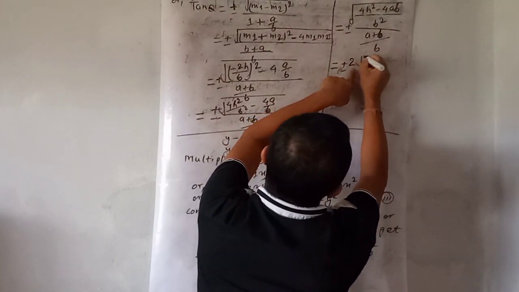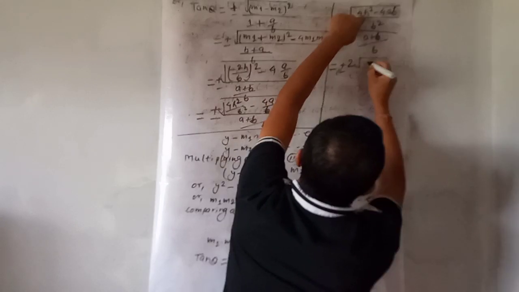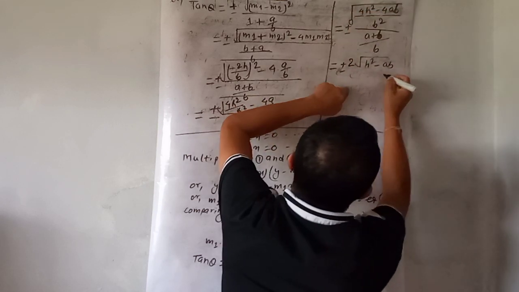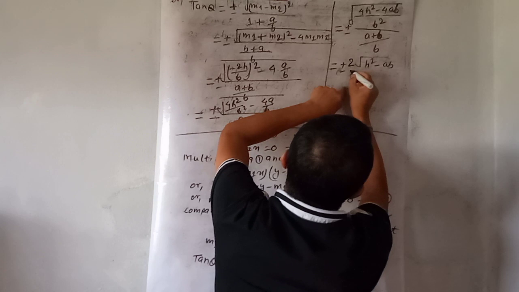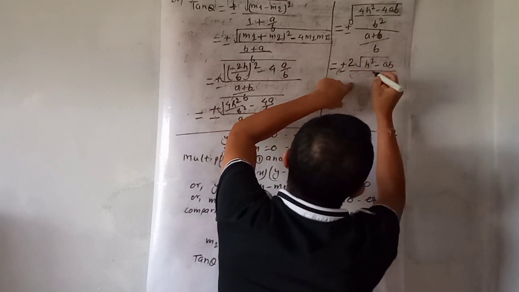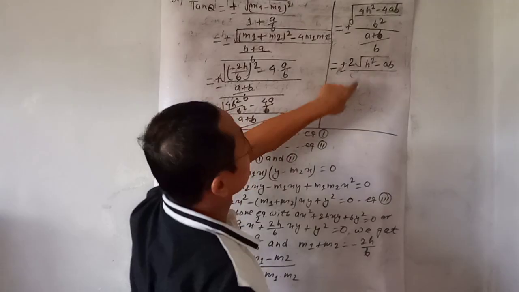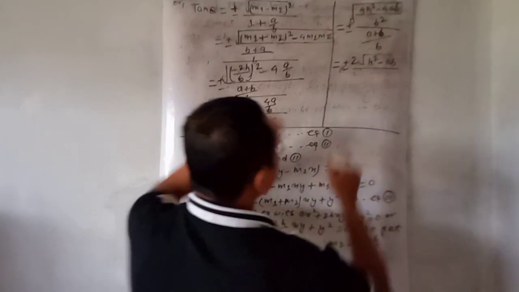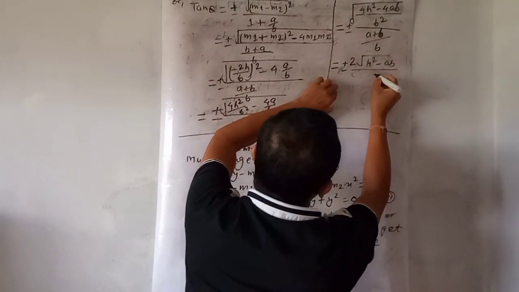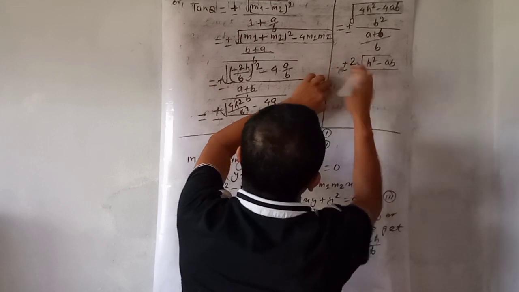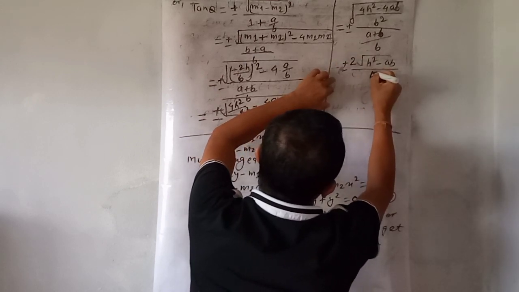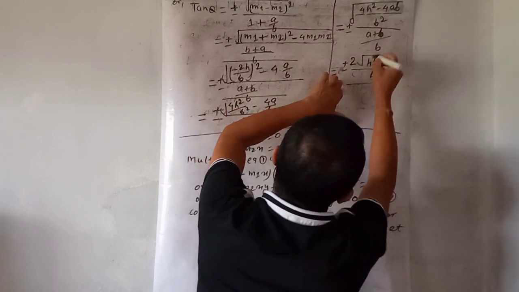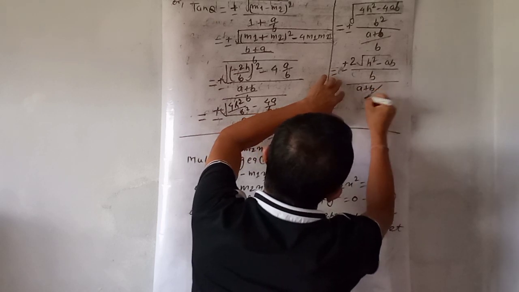Plus minus 2 root of, with 4 taken common, h square minus ab, by b square; root of b square is only b, because the root cancels the square. Then divided by a plus b by b.